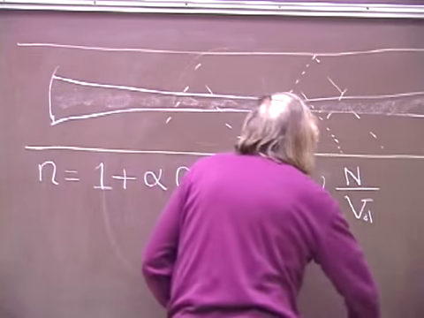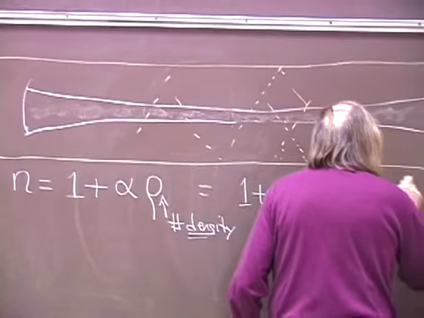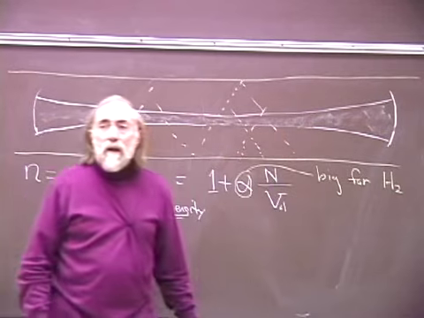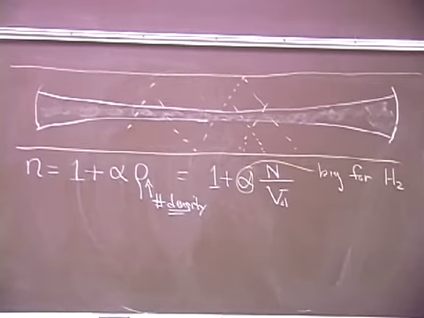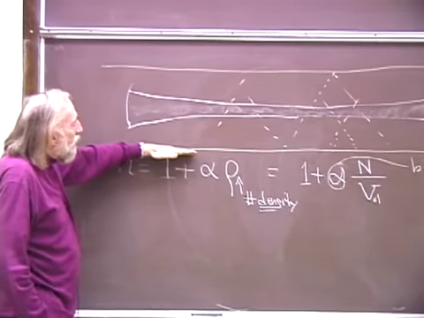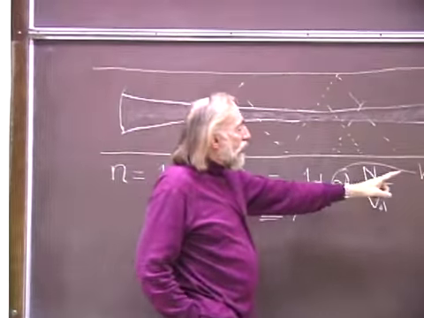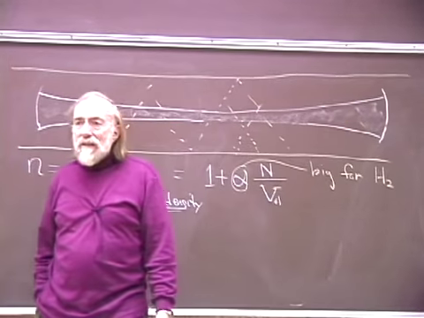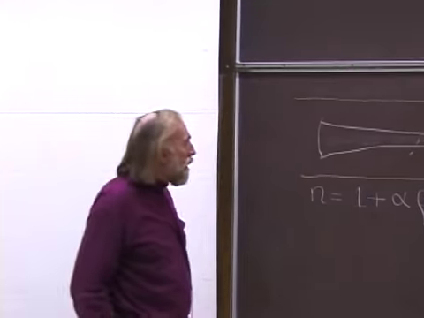This polarizability is particularly big for molecular hydrogen. And so a major issue in the planning of LIGO was to get metal from which the beam tubes would be fabricated that was low in concentration of molecular hydrogen. The particular techniques used to make steel tend to leave a lot of molecular hydrogen in it.